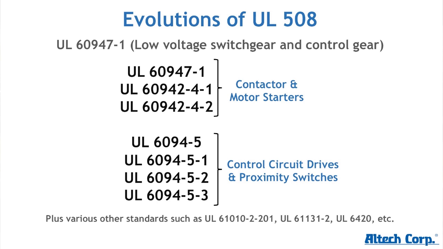So when CSA tests, they have their own set of standards, but most of them have been married to UL standards for a long time, almost like a pre-phase of this 508 picking apart. CSA and UL always worked very closely together.